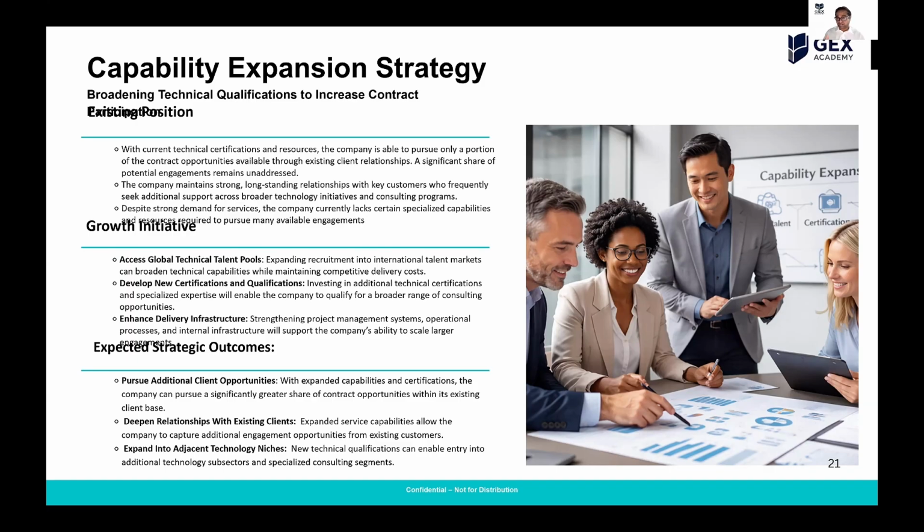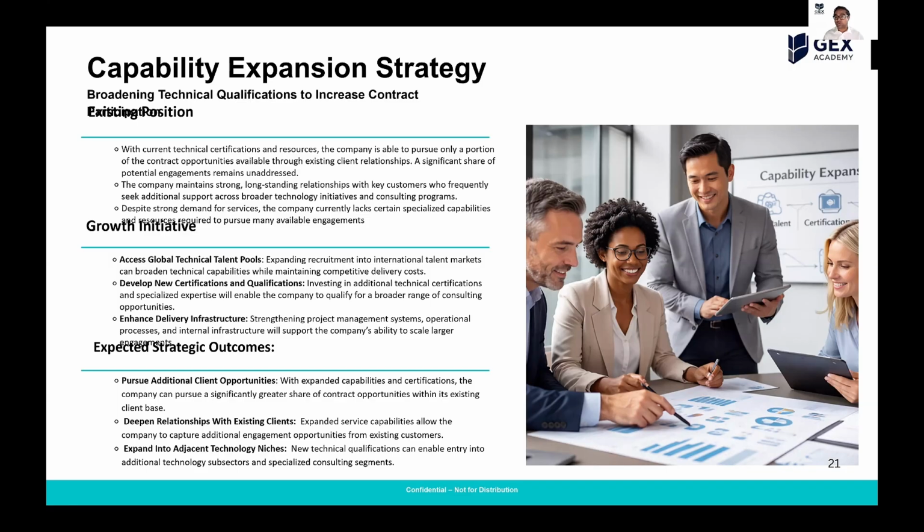Management outlines several initiatives designed to broaden the company's capabilities and increase participation in available contract opportunities, right? So the first initiative here is developing additional technical certifications and qualifications. So many consulting engagements, particularly those within the government and regulatory industries, require specific certifications, right? Technical credentials, security clearances, or specialized expertise before a company is eligible to bid.